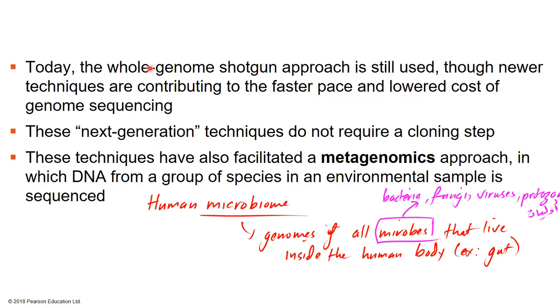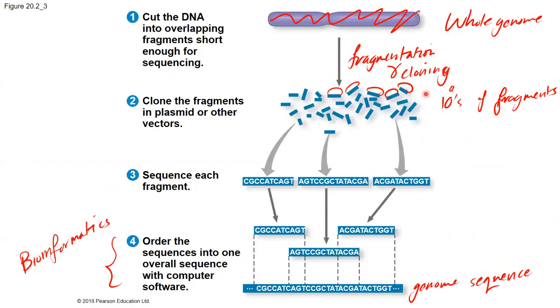Of course, many of the new sequencing techniques still rely on this whole genome shotgun approach. But we have what we call next generation sequencing techniques that do not require cloning. So in the Human Genome Project, the whole genome shotgun approach relied on fragmentation and cloning, but currently the new sequencing techniques do not need to clone these fragments. They could be sequenced directly.